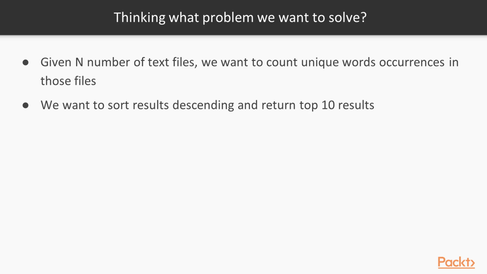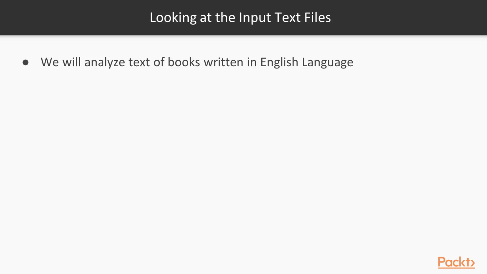Then we want to sort results in descending order and return the top 10 results. That is our problem, and we need to bear that problem definition in mind when we are looking at the data. So let's look at the input text files.